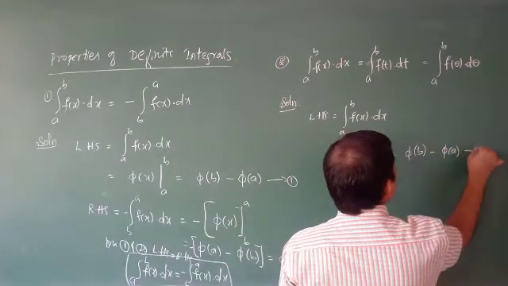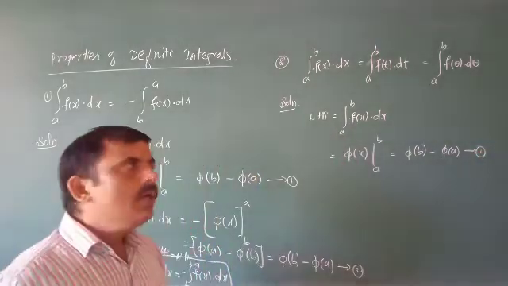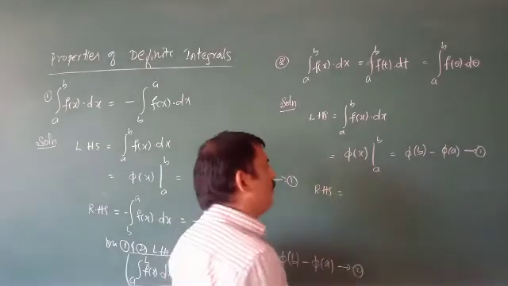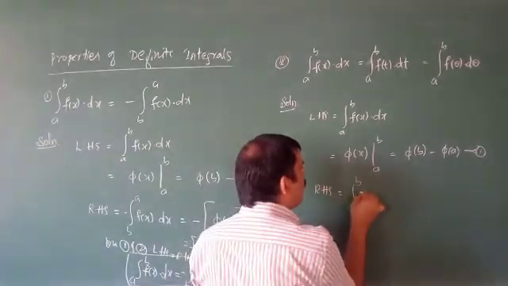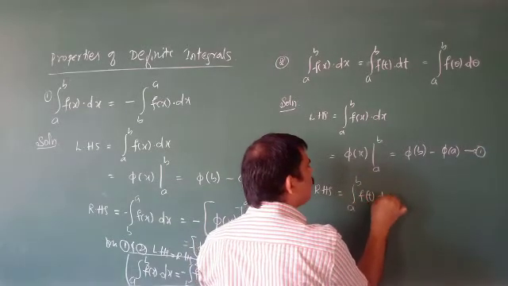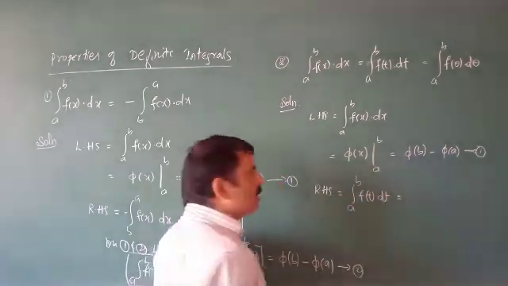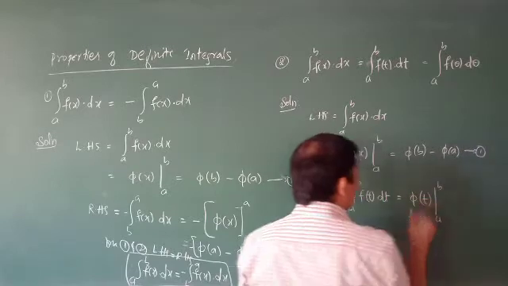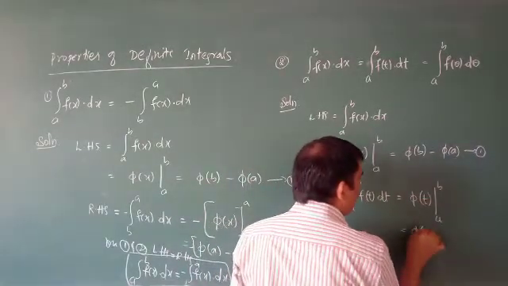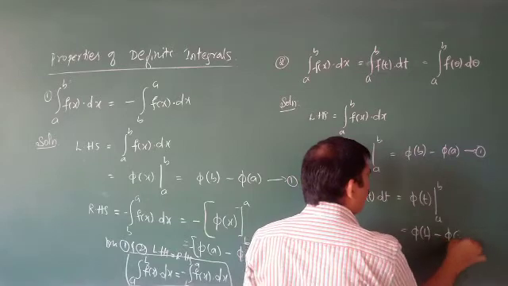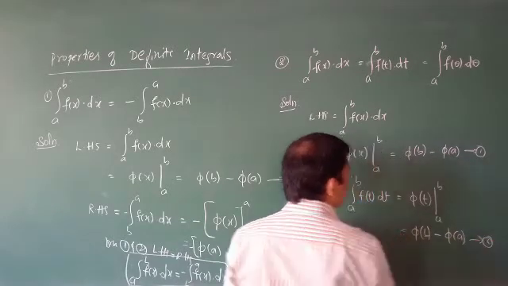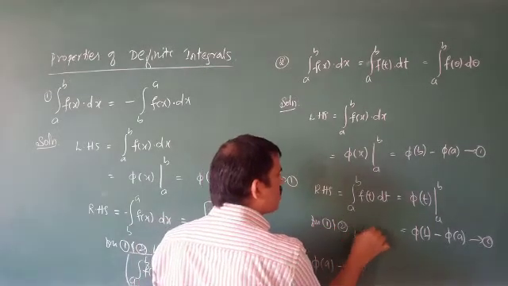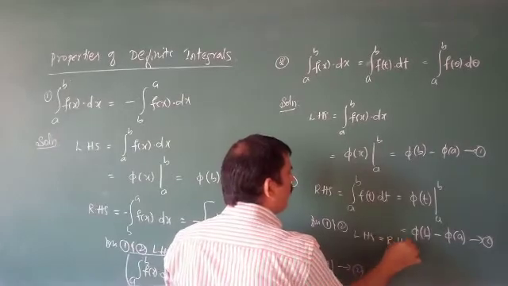Let us call this 1. Now coming to the RHS: it is the integral from a to b of f of t with respect to t, which is phi of t from a to b, equal to phi of b minus phi of a. This is also equal to 2. So from 1 and 2, LHS is equal to RHS. Both are the same, those are the values.